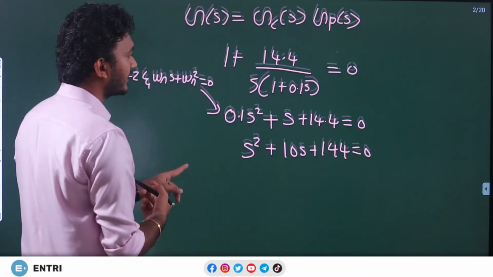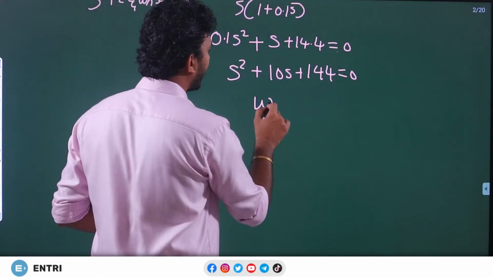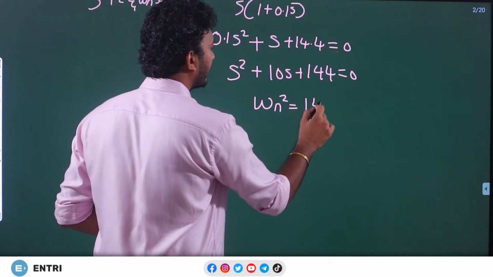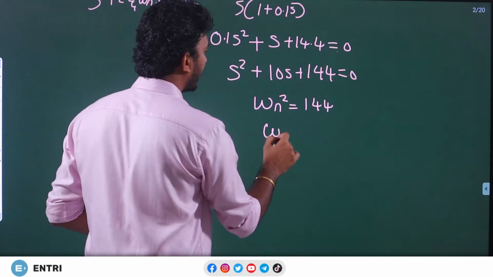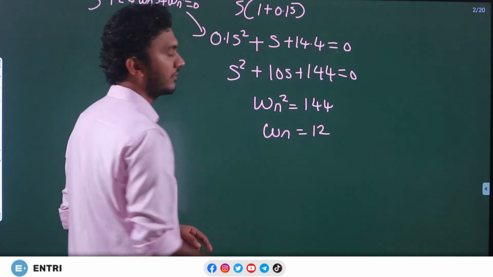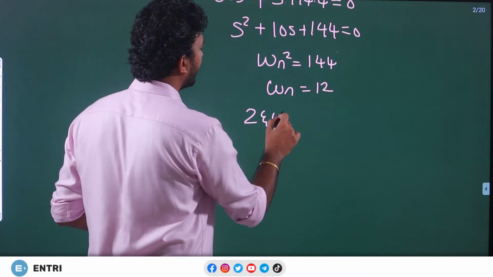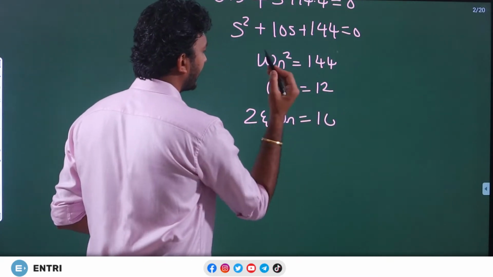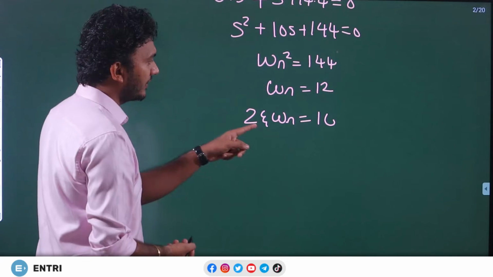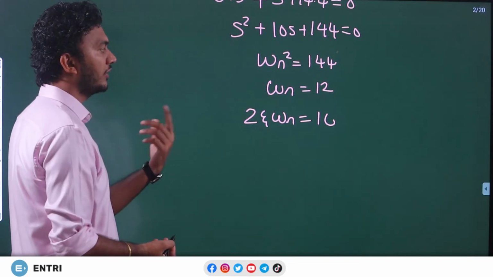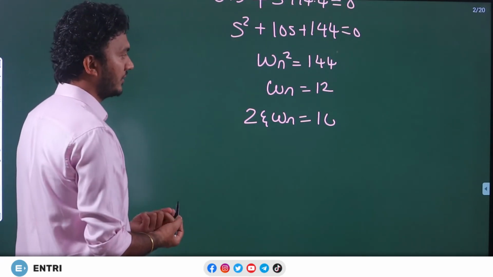Now, comparing with the standard equation, you have omega n square equal to 144 and omega n equal to 12, and 2 zeta omega n equal to 10. So, you have to find out the damping ratio, then the undamped natural frequency.